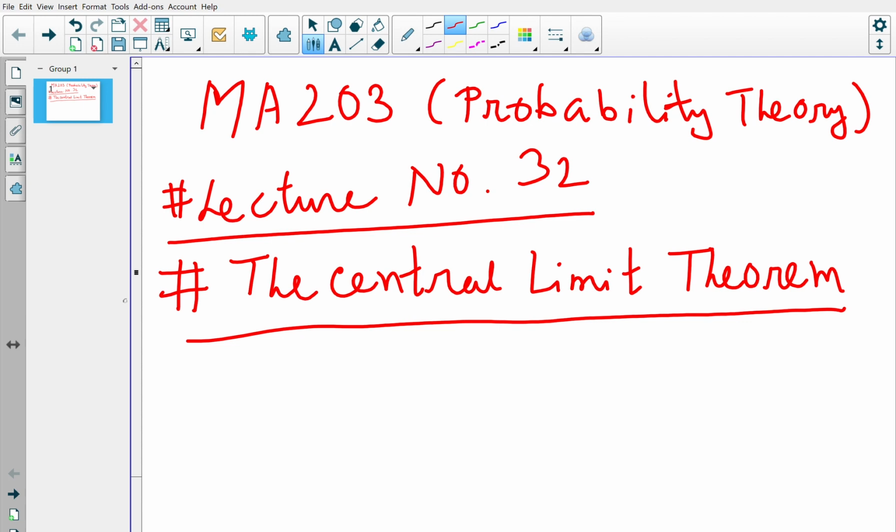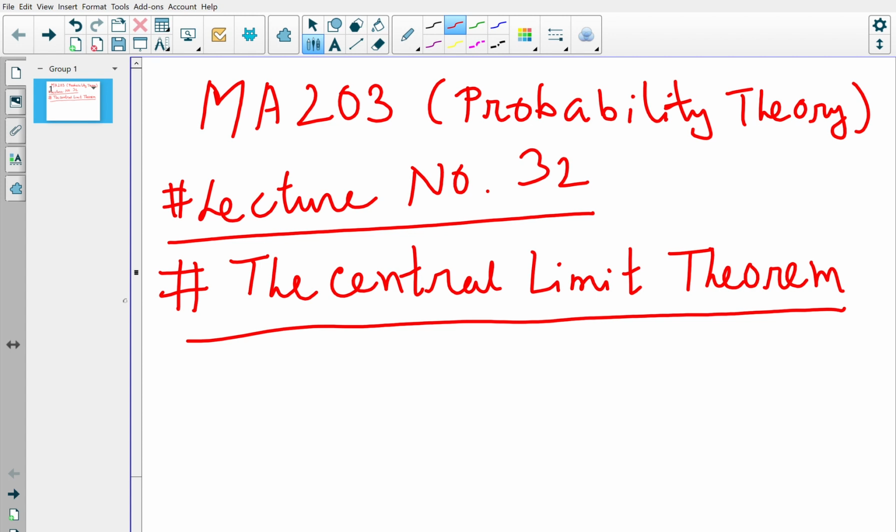Before going to discuss it properly, let us try to recall the law of large numbers, the strong law of large numbers, that we proved in my last lecture.